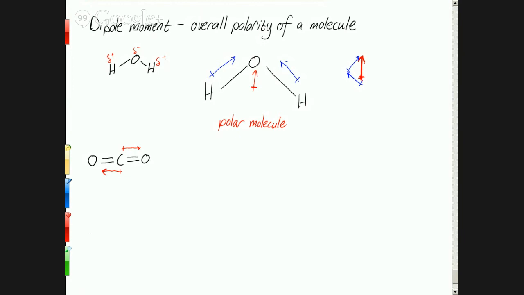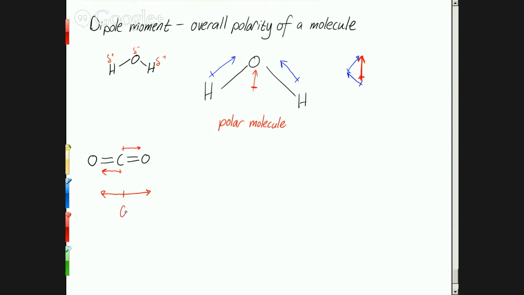But now what happens if we add those up? Let's add those vectors together. We'll take this one and then we'll put the other one, we'll start at the tail. And we'll go this way. Those are the same, let's try to make it a little bit nicer. If those are the exact same length, because carbon oxygen is carbon oxygen, what happens to those two vectors when they're added together?